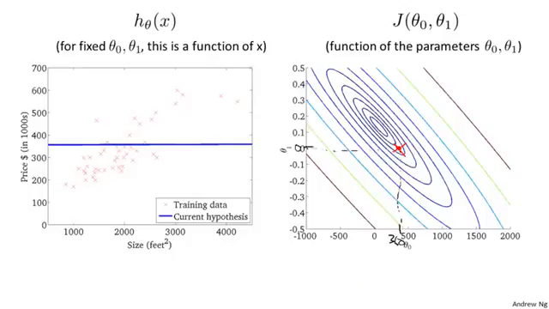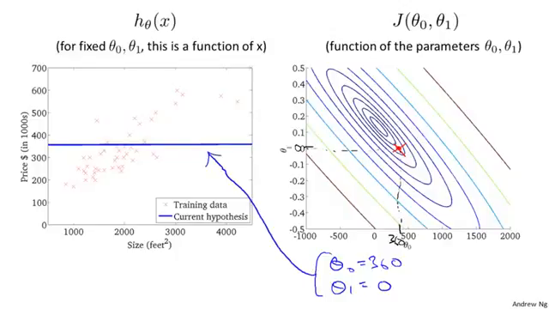So, let's write that out: theta 0 equals 360, theta 1 equals 0. And this pair of parameters corresponds to that hypothesis, which is a flat line, right? This is h of x equals 360 plus 0 times x. So that's my hypothesis. And this hypothesis, again, has some cost, and that cost is plotted as the height of the J function at that point.